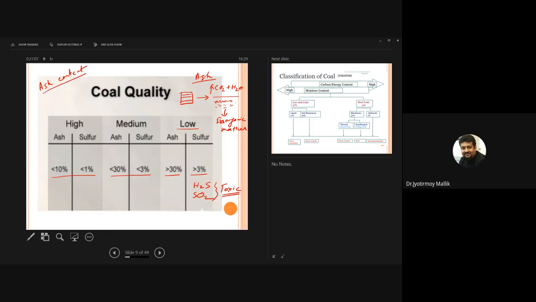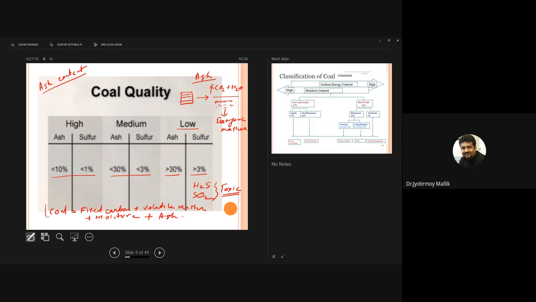Now, whatever we have learned so far. So coal has a few components. The first one we will call fixed carbon, and then volatile matter. That's the non H2O component, and then moisture, and then of course ash.